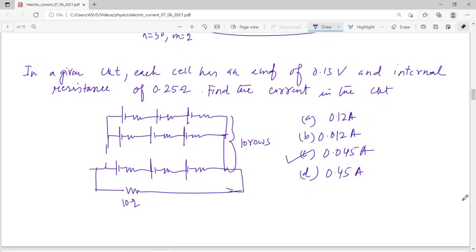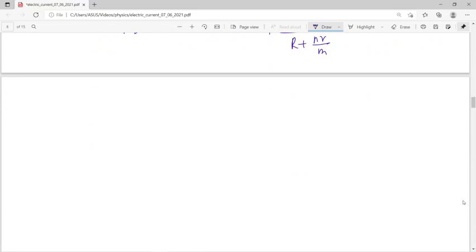The formula is nothing but I equals nE divided by R plus nr by m. So you just put it into the formula and you will get the answer. Let's see whether you can solve the next one. That will come in some joint entrance.